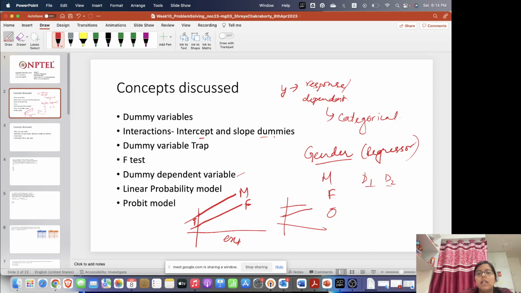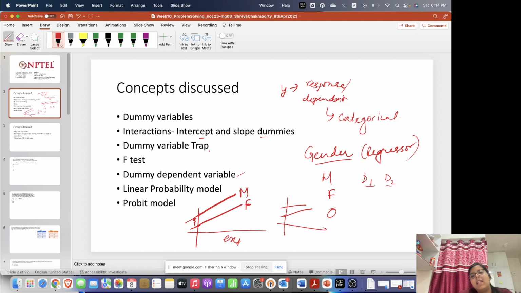We also learned about the dummy variable trap, where we would face problems of multicollinearity, and that would not yield good and accurate estimates of the regression equation.